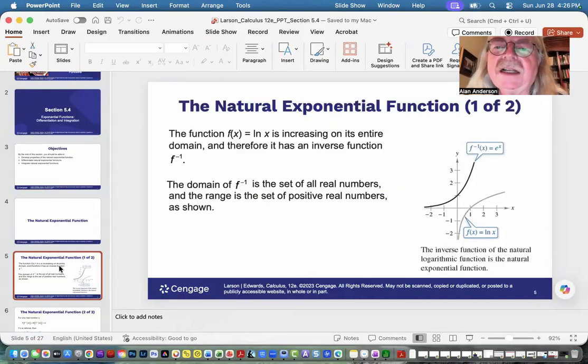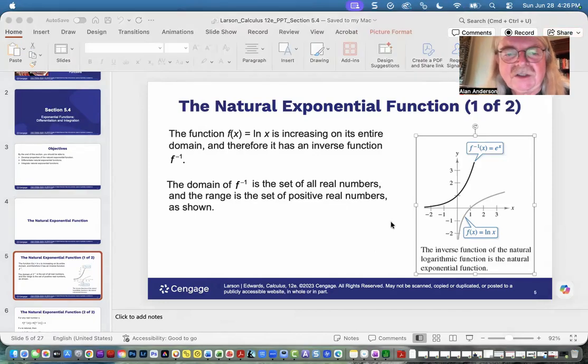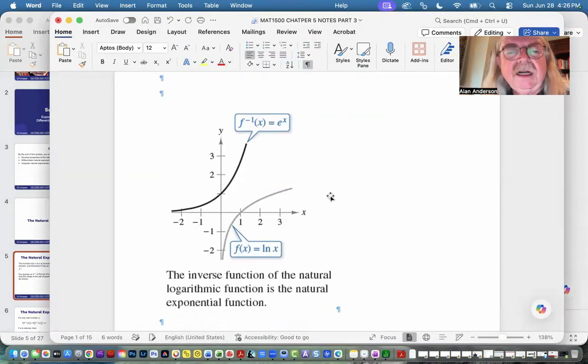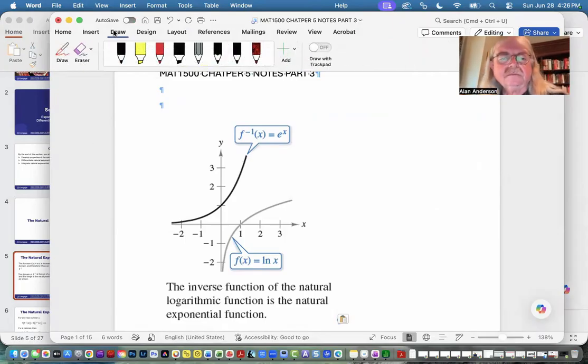So anyway, what exactly is the natural exponential function, as it's called? There are many exponential functions. When they say natural exponential, they mean specifically e to the x. Now, this graph is giving us a hint as to where this discussion is going, because you can see by looking at it, if I were to draw a line to the origin rather, well, you can see what's going to happen.